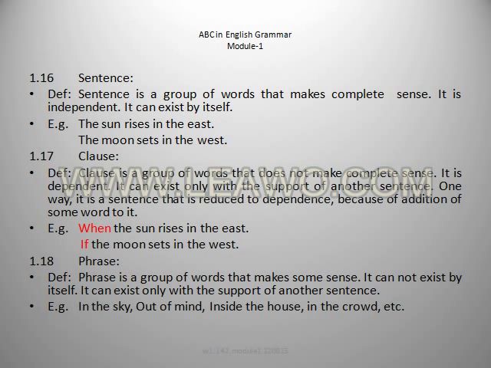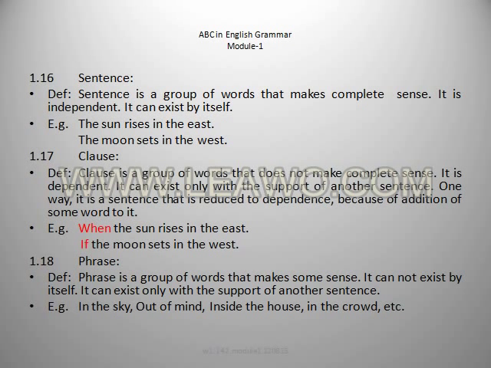Clause. A clause is a group of words that does not make complete sense. It is dependent. It can exist only with the support of another sentence. One way, it is a sentence that is reduced to dependence because of the addition of some word to it. Example, when the sun rises in the east.